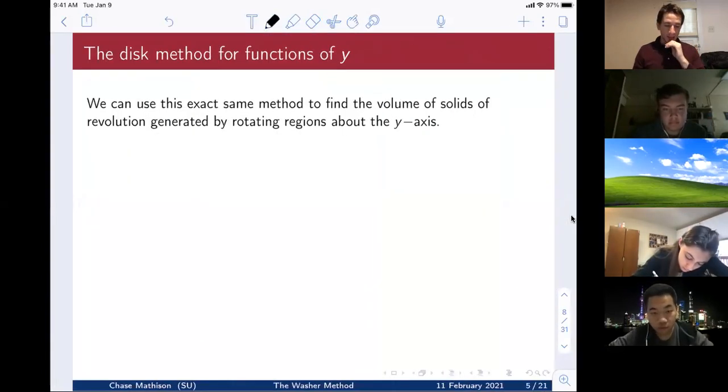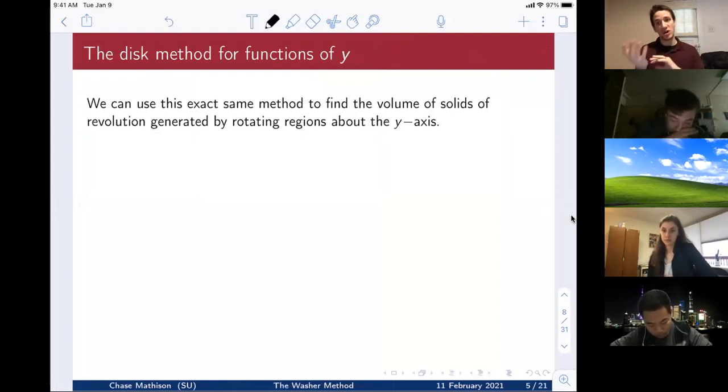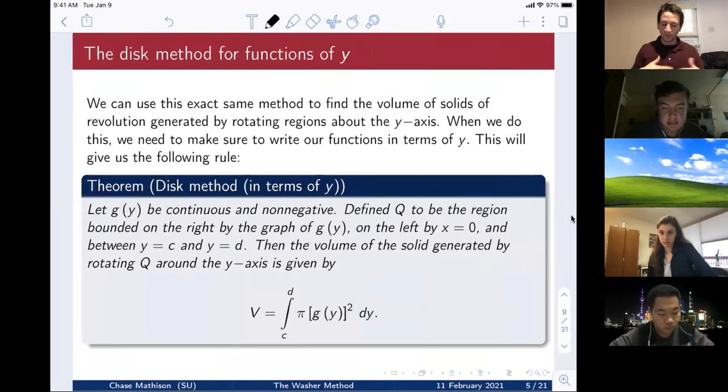Okay. So everything we've talked about works almost exactly the same way if we're rotating a region that's defined by functions of y instead of functions of x about the y-axis. You can go through and do everything that we did for functions of y.